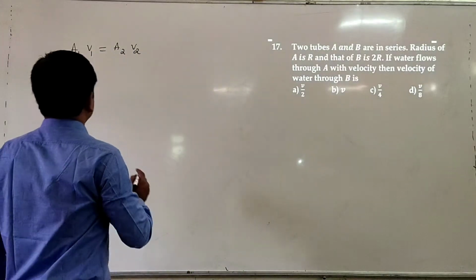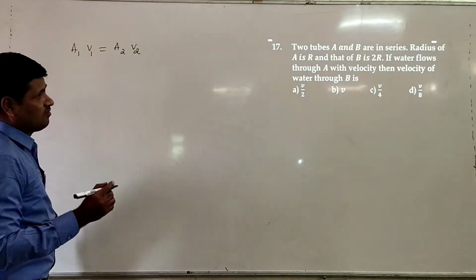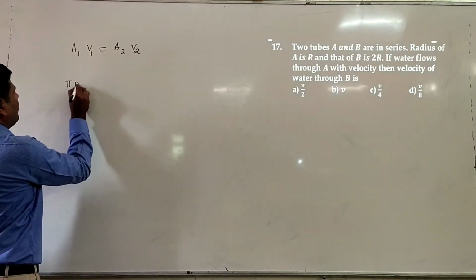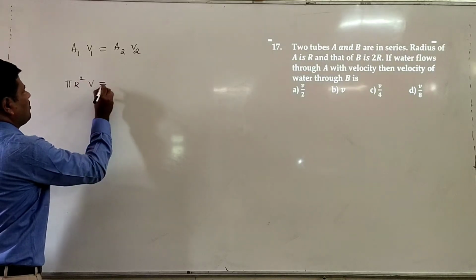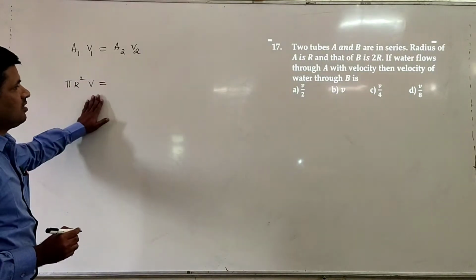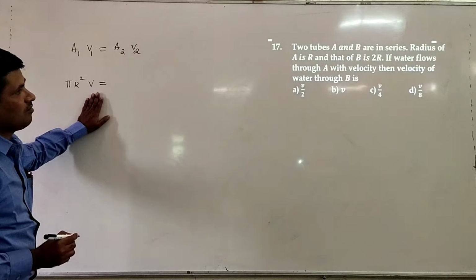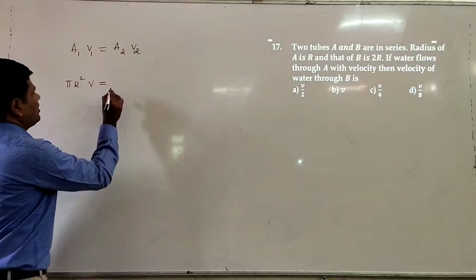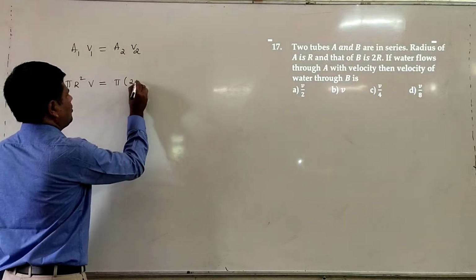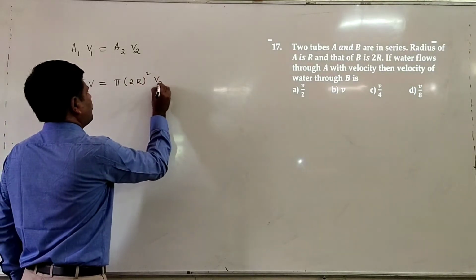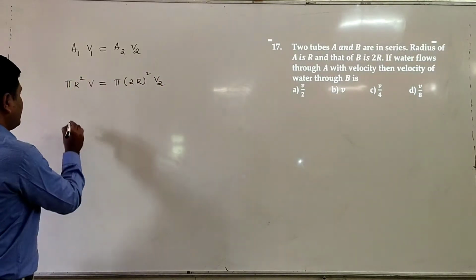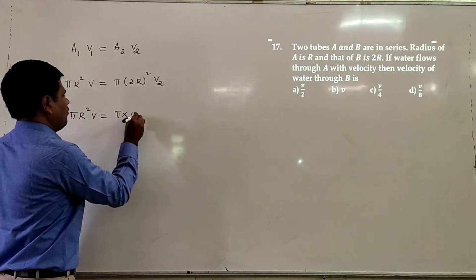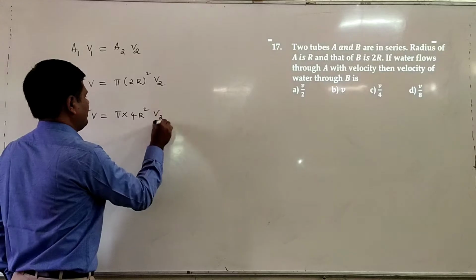Now A1 means the first tube, radius is R. So we are getting pi R square into V, the velocity through the first tube. Water flowing through the first tube has the velocity V. Now A2 is equal to pi into 2R square into V2. Now pi R square into V is equal to pi into 4R square into V2.